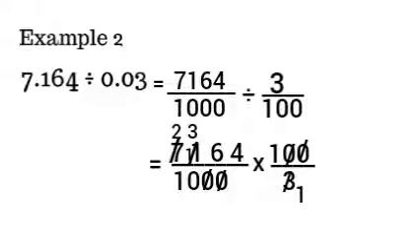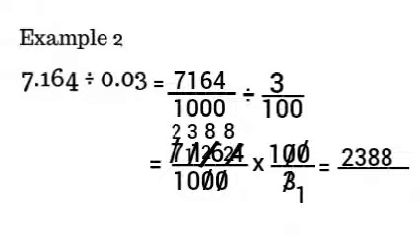We will place it beside 6, we have 26. 3 into 26 is 8. Remember 2. We will place it beside 4, we will have 24. 3 into 24 is 8 times. So we will have 2,388 over 10.